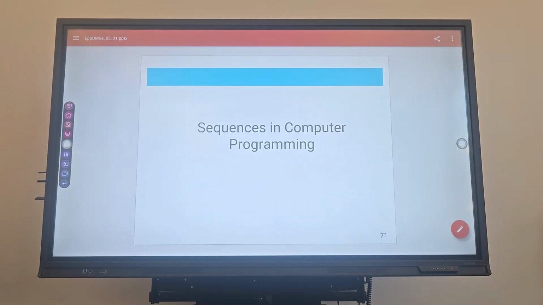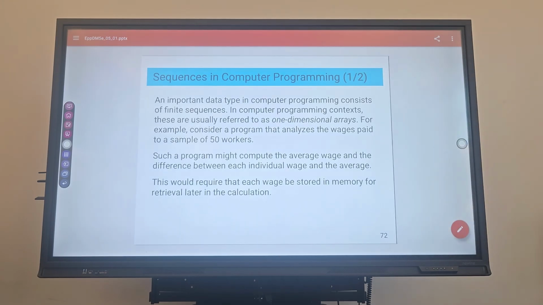Sequences in computer programming. An important data type in computer programming consists of finite sequences. They're usually referred to as one-dimensional arrays. Consider a program that analyzes the wages paid to a sample of 50 workers.